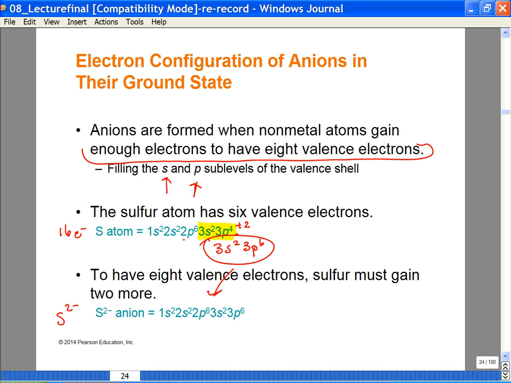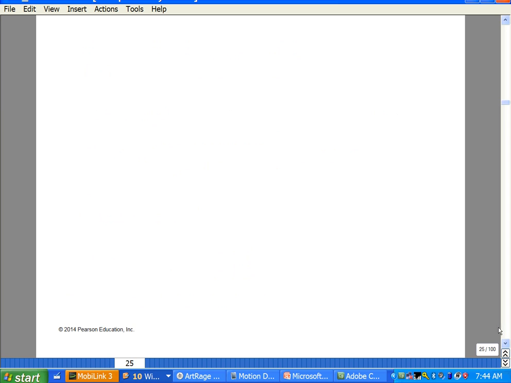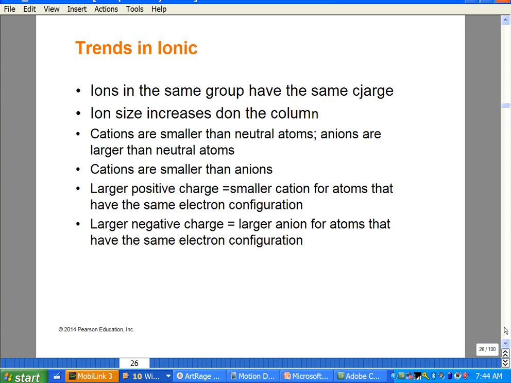However, when you compare the atom itself to the cation or anion that forms from that atom, you get a difference in size. So looking at cations, cations are smaller than their neutral atoms.